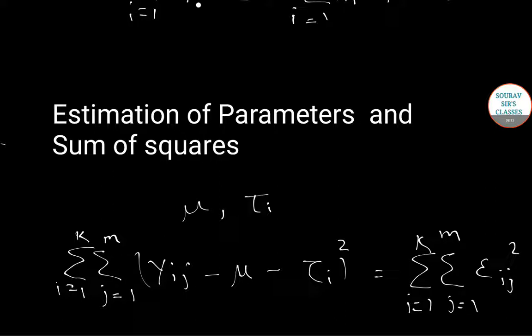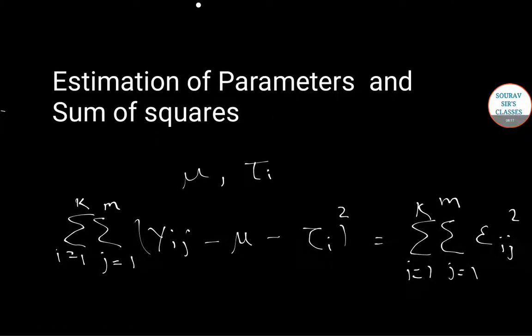Here we can see that instead of writing ni, we have written m, because we have made a simple assumption that all the samples are of the same size, that is, ni is equal to m for all i.